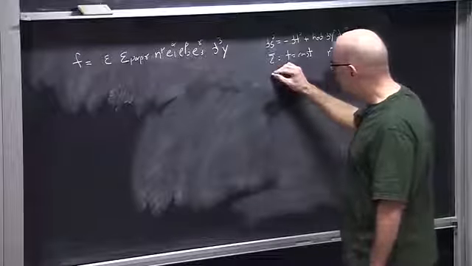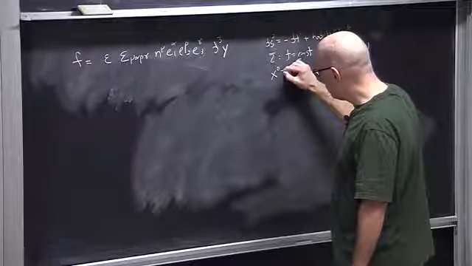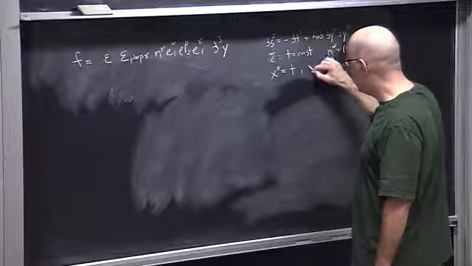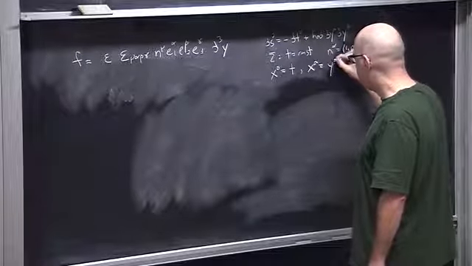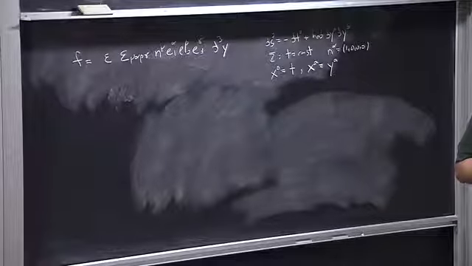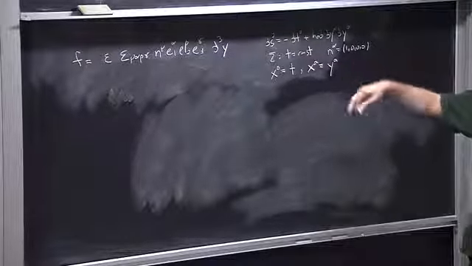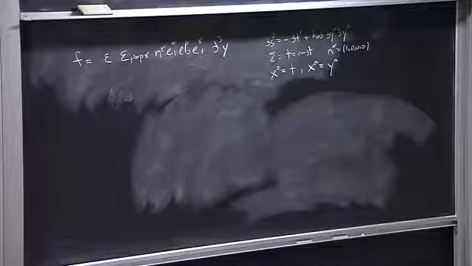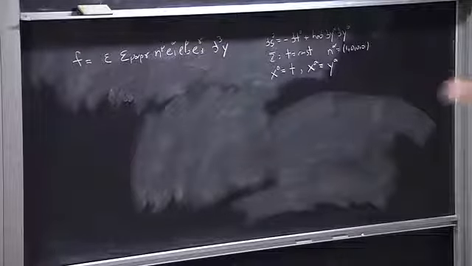In that coordinate system, I've selected the space-time coordinates in such a way that x naught is equal to t, but x^a is equal to my spatial coordinates on the hypersurface. So that's a very specific example. It wouldn't be true necessarily in all cases, although we're going to come back to that a little bit later, and we'll see that we can always make that choice. We can always set up a coordinate system with those properties. But now let's just consider that in the context of this example.